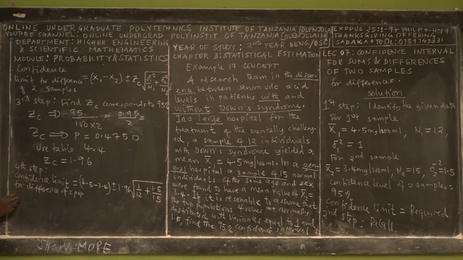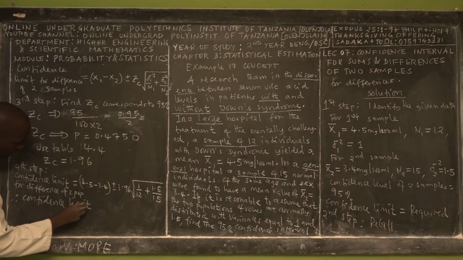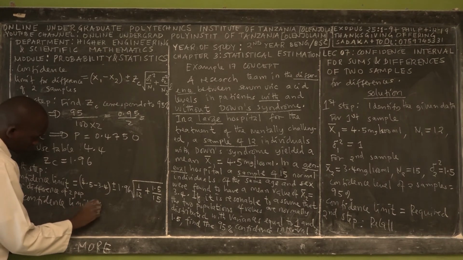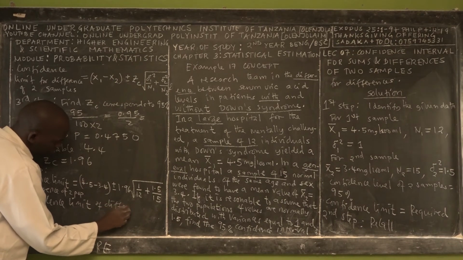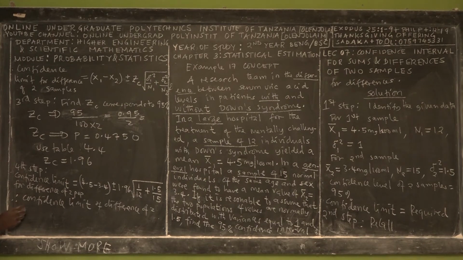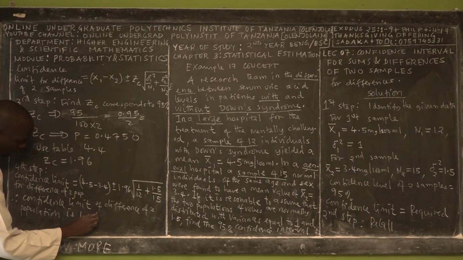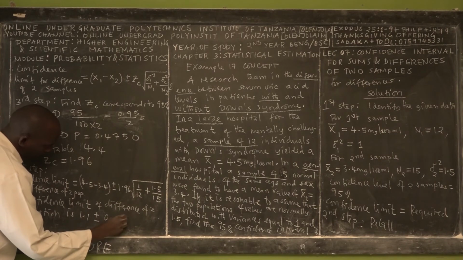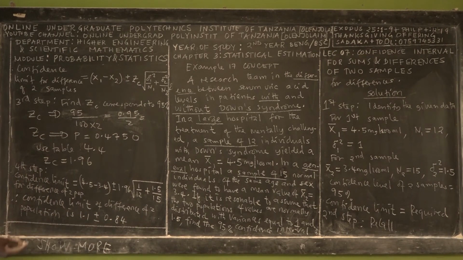So therefore, the confidence limit of the difference of two populations is 1.1 plus or minus 0.84. That's the final response.